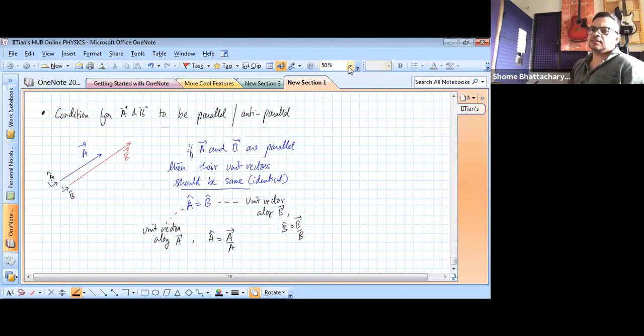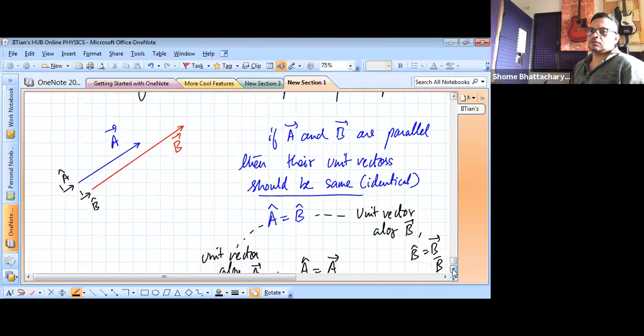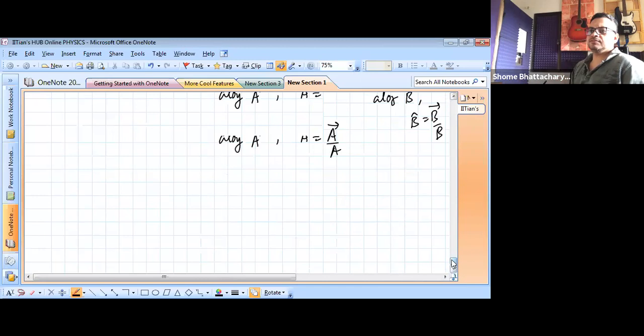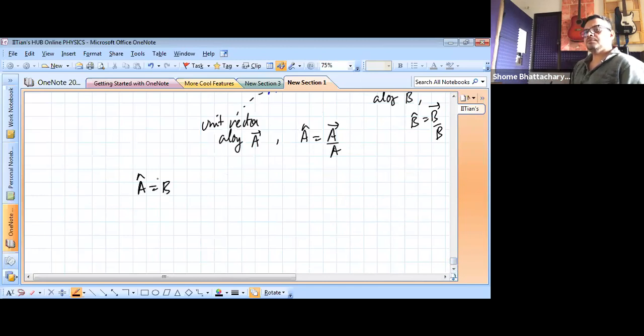Now let's understand this practically, how we do this, because further we can simplify this more. A cap is equal to B cap.